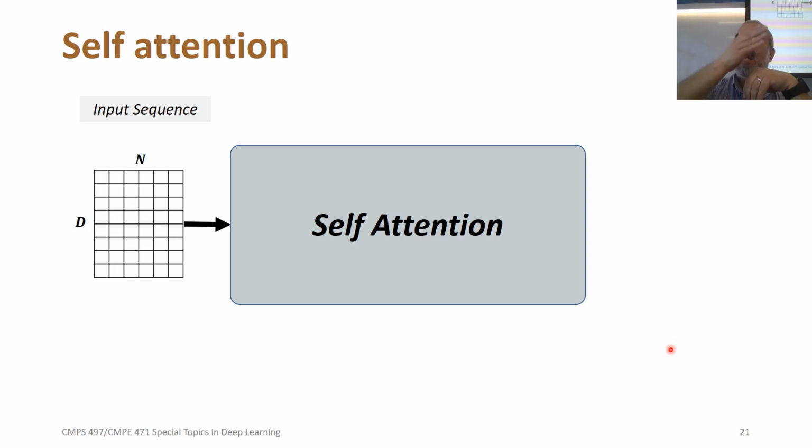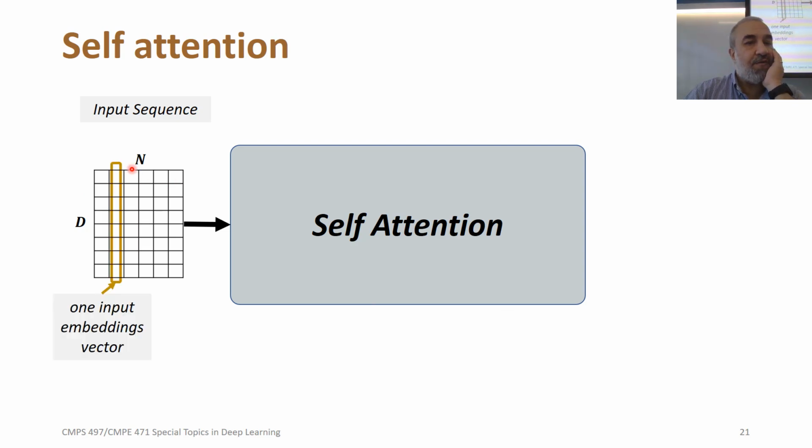Here we will represent it as a matrix, where the columns are the embedding vectors for words and rows are the individual values in the vectors. Here we assume that we have n words. Each word is represented by one vector of length d. So this is one input embeddings vector for one word, and we have n words, so we will represent it as a matrix. So it's a sequence of d-dimension embedding vectors.